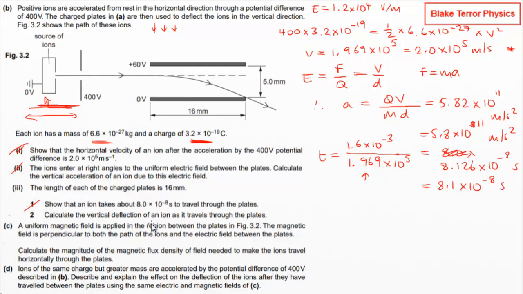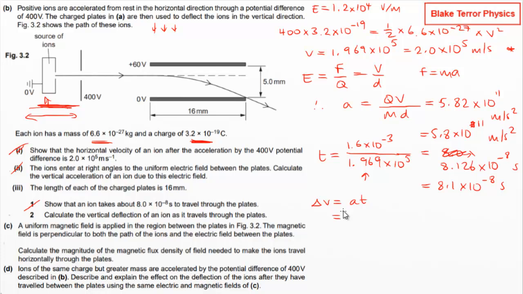Calculate the vertical deflection of an ion as it travels through the plates. Right, again, this is a classic. So our change in velocity is the accumulation of the acceleration. So we worked out the acceleration, we've got the time, so we're just multiplying these two things together, the 5.82, the 8.13.